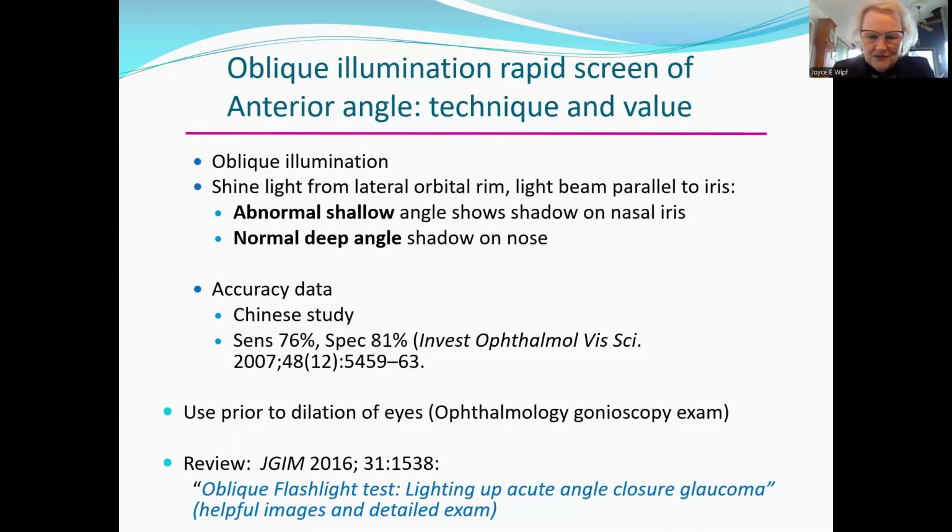Ophthalmology and optometry are going to use the gonioscopy exam. There was a nice review in the Journal of General Internal Medicine in 2016, if you're interested, on the oblique flashlight test for acute angle closure glaucoma, and it has really helpful images and a detailed exam of the process.